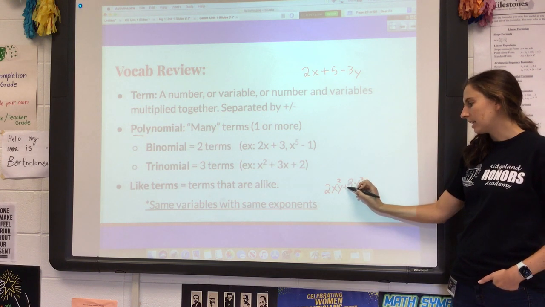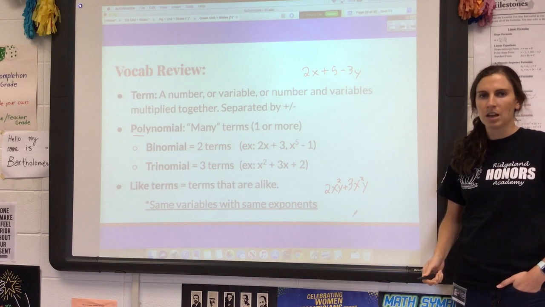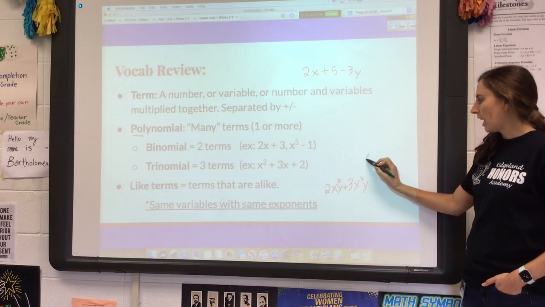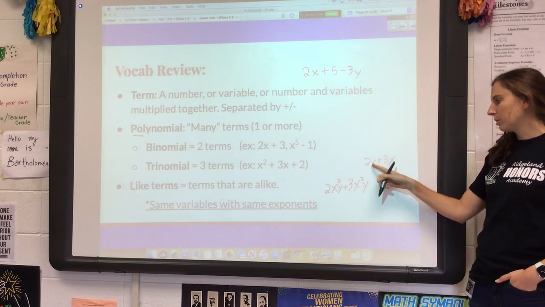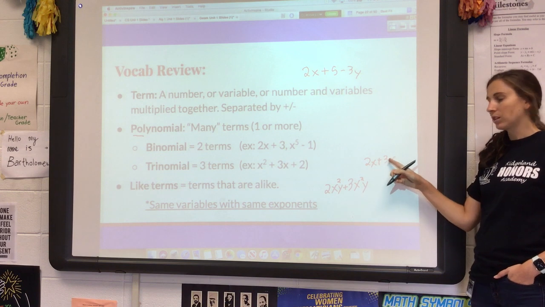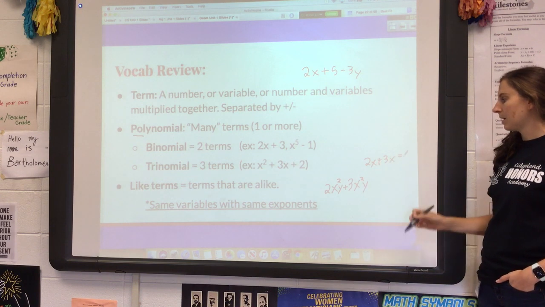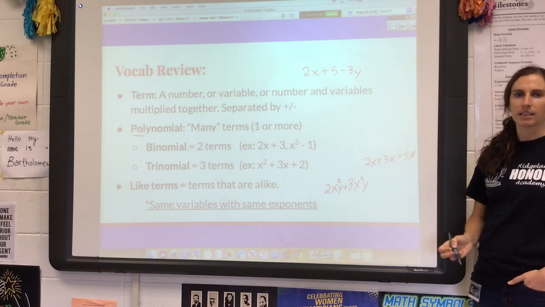I could add them together, and when you add or subtract like terms, basically think of 2x plus 3x as adding 2 apples plus 3 apples means you have 5 apples. The x part is going to stay the same, but I'll add 2 plus 3, which gives me 5 of those x's.